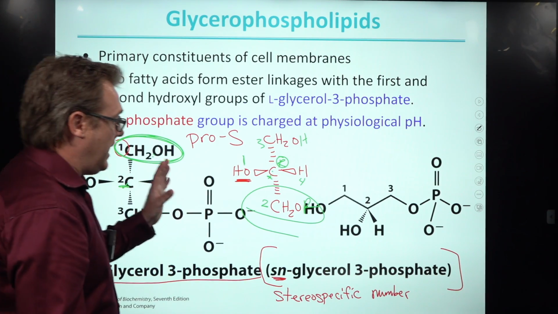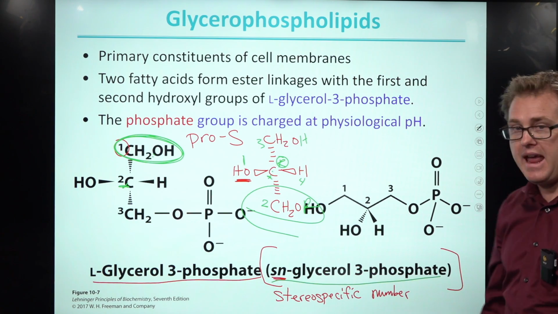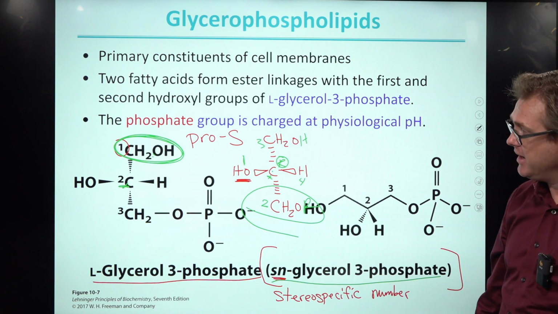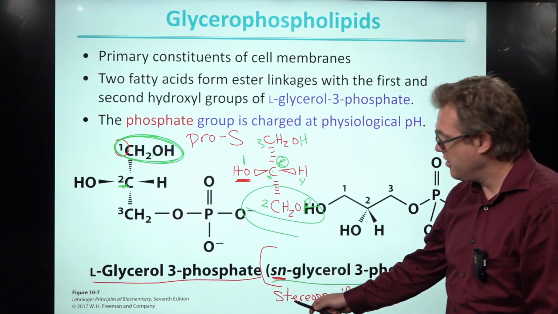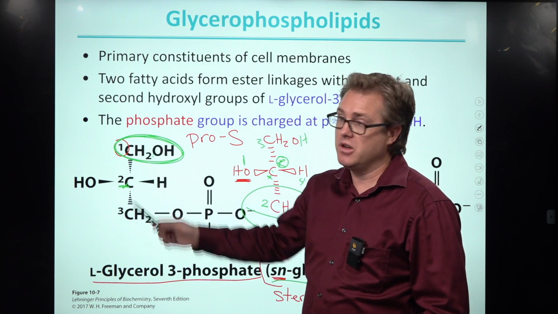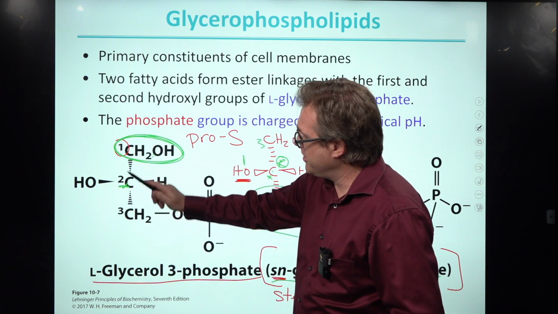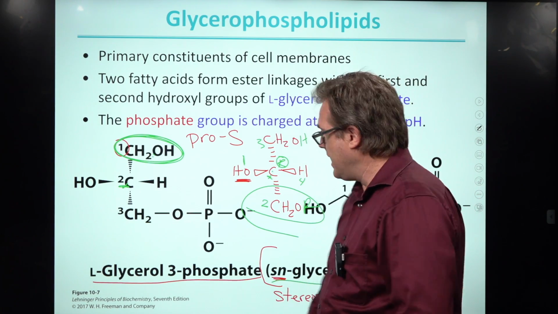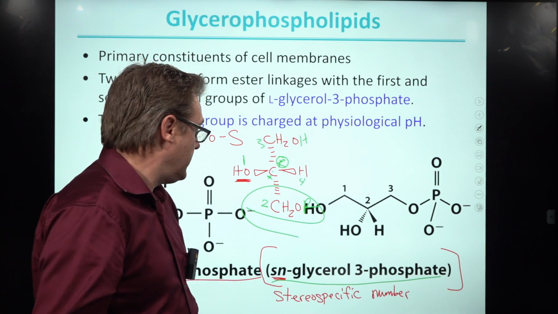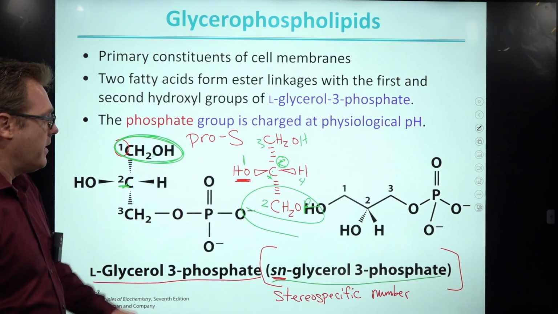And so when you see this name saying we have the stereospecific number of glycerol 3-phosphate, that's telling us that, by definition, carbon 1 is the carbon with the pro-S arm. So that's carbon 1, carbon 2, carbon 3. And that's the way we number the glycerol backbone, based off of the stereospecific number.